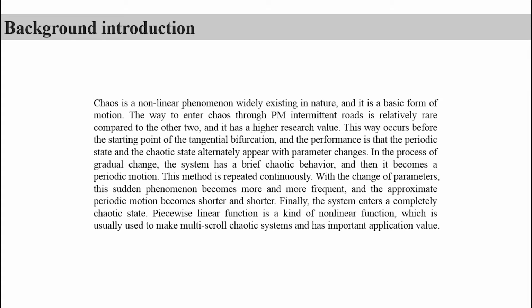In the process of gradual change, the system has a brief chaotic behavior, and then it becomes periodic motion again. This is repeated continuously. With the change of parameters, this sudden phenomenon becomes more and more frequent, and the approximate periodic motion becomes shorter and shorter. Finally, the system enters a completely chaotic state.